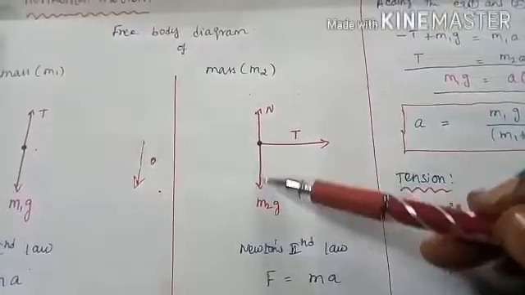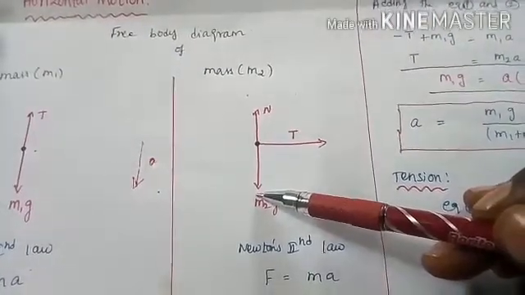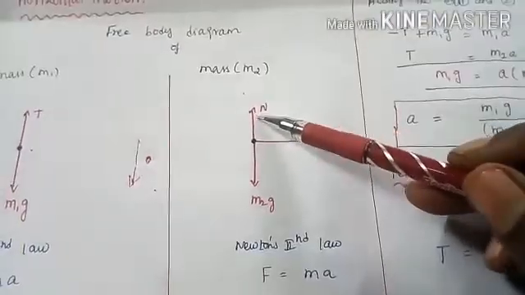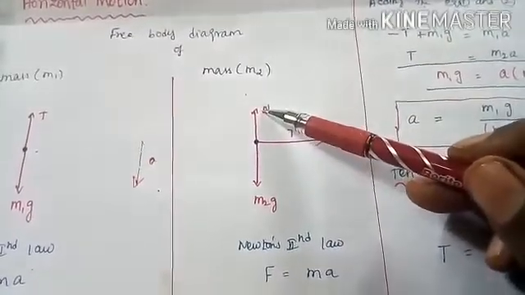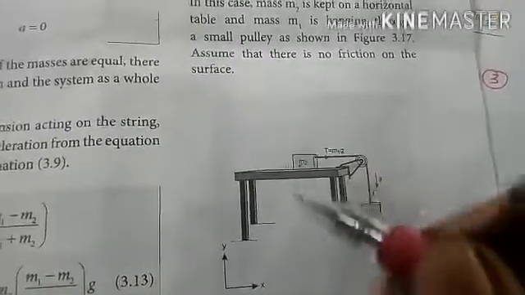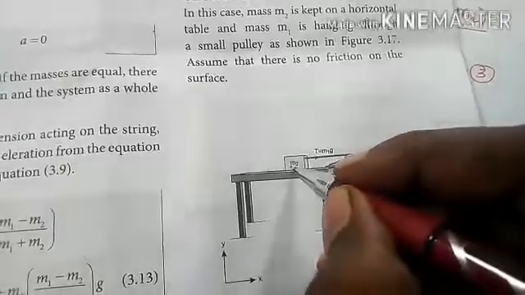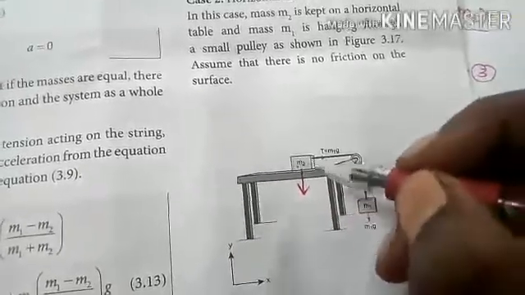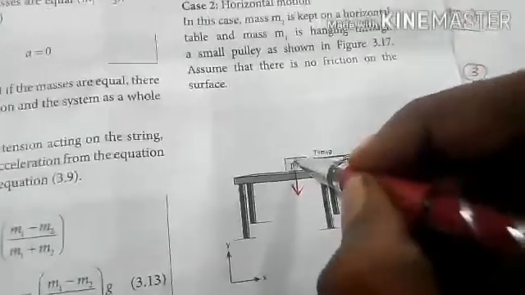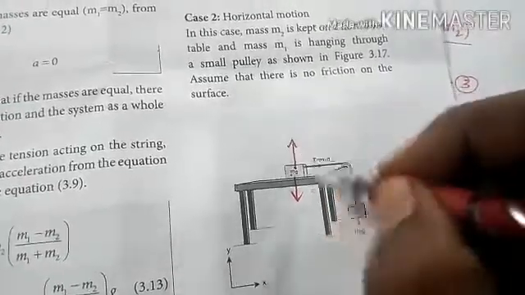Here the gravitational force always acts in the downward direction, and then the normal force exerted by the surface.